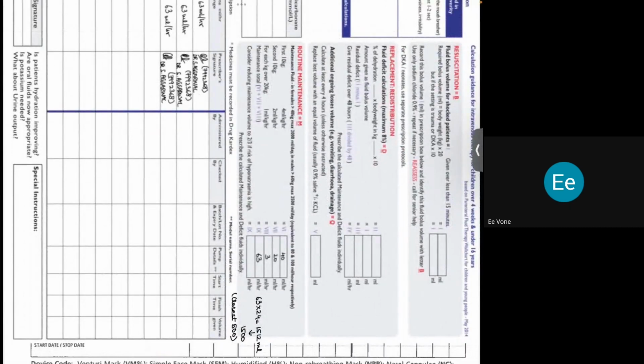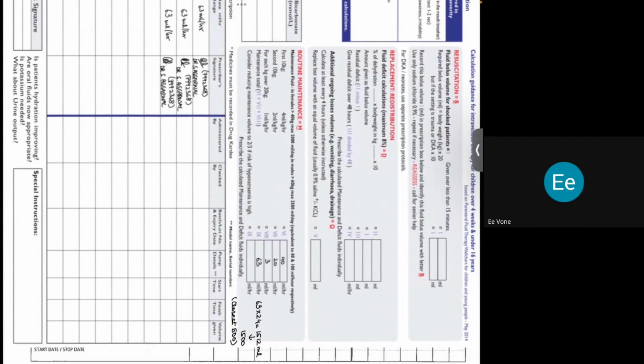For the first 10 kgs, we have to give 4 ml per kg per hour, so that is 40. For the second 10 kgs, it is 2 ml per kg, so we have 20. 40 plus 20 is already done. Then how much is left? Only 3 kgs is left. For after 20 kgs, we have 1 ml per kg.